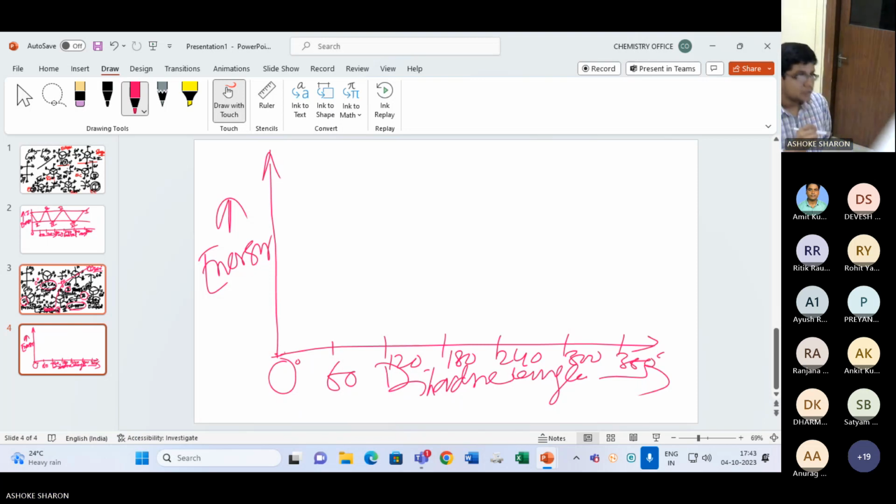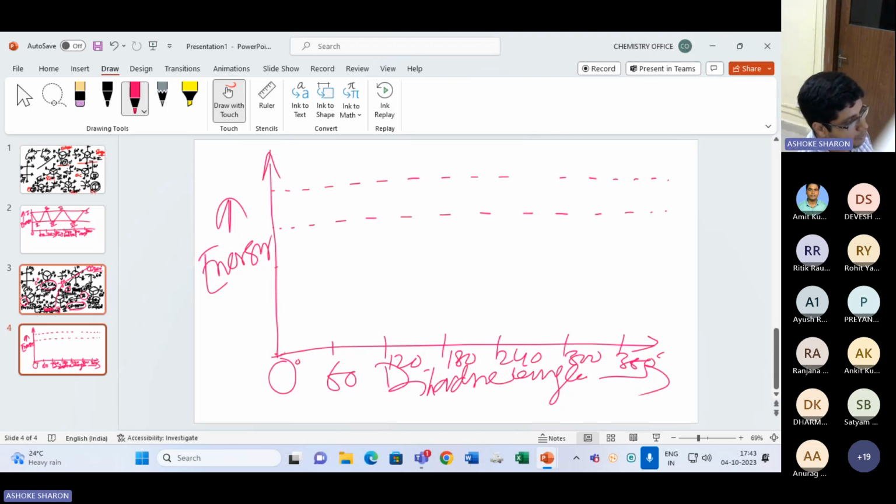Clear? Here I am drawing a few energy levels for better understanding. If you are smart enough, you don't need to draw that kind of line, but it will help you if you draw the energy level diagram like this.